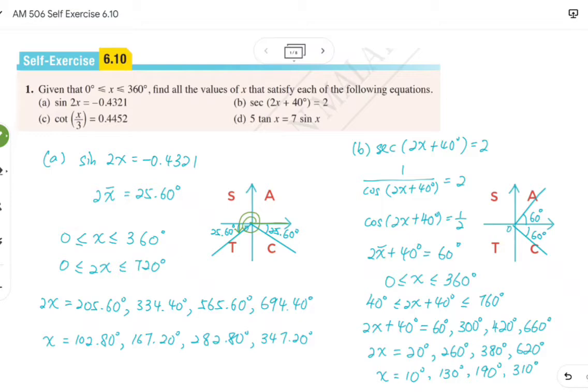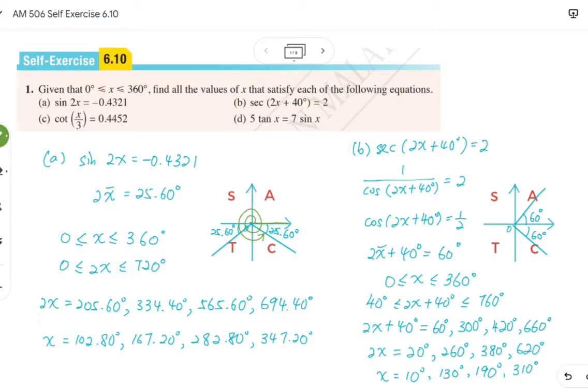One full circle is 360 degrees plus the 205.60 just now, so we get 565.60 degrees. For angle number 4, we turn one full round of 360 degrees and a second round for the 2x. So we have 720 minus 25.60, which is 694.4.